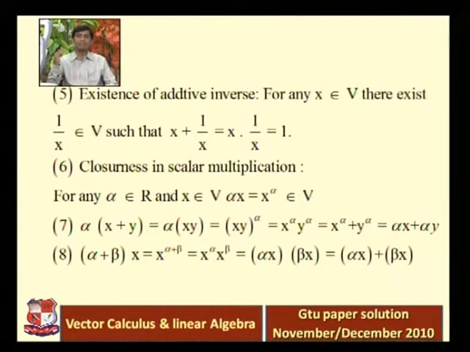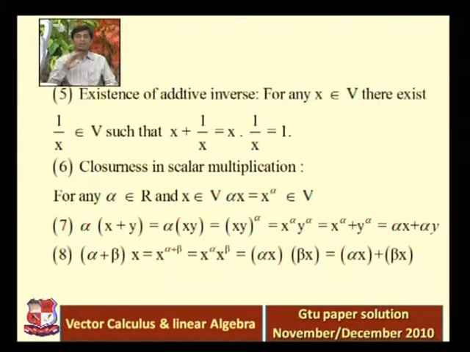Now that can be written as x raised to alpha into x raised to beta. Now x raised to alpha and x raised to beta are both vectors of V. So that's why we use alpha into x, that can be written as alpha into x dot beta into x, and now alpha x and beta x both are vectors of V, so alpha into x plus beta into x.